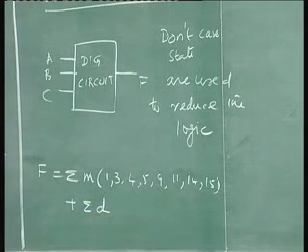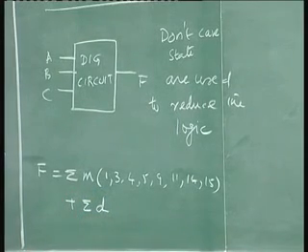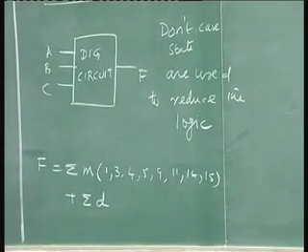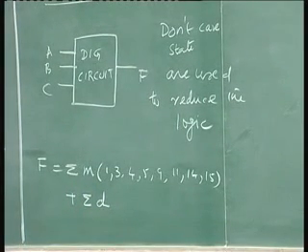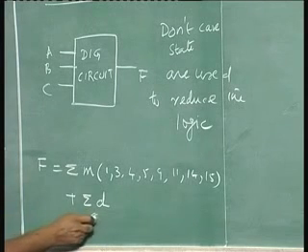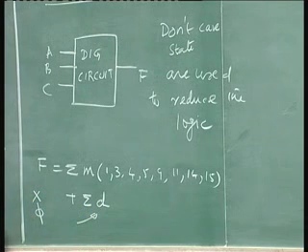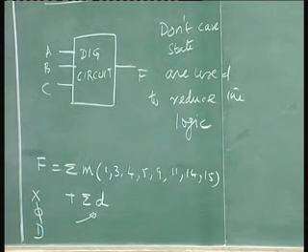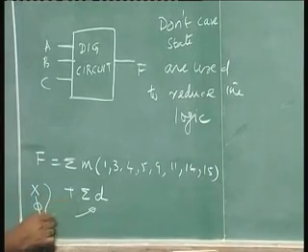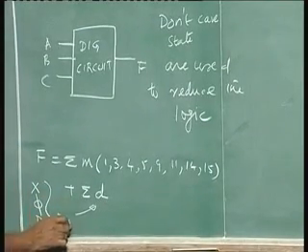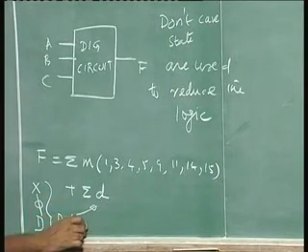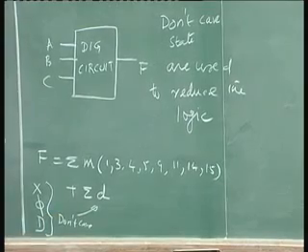How do I write it? D for don't care. Some people use X, some books use X there. This D is replaced in some books by X, some books by phi, some books by capital D. It's all the same. Don't care. Don't care terms are, let us arbitrarily put that.